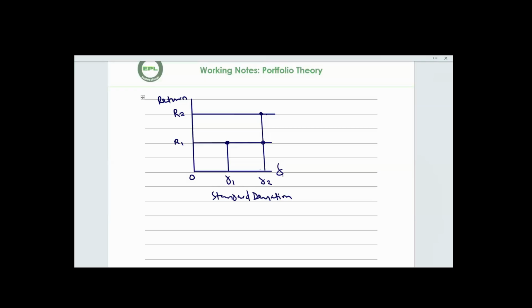You are going to draw a line from the origin. 0 is the origin. You draw a line from the origin that will pass through in between of the graph. So the line will come like this. That line is called the efficient frontier.